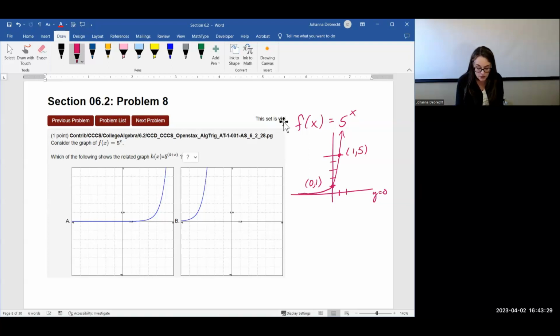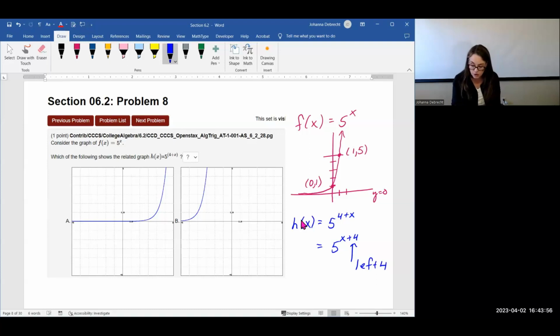They want to know which of the following is the graph of 5 to the 4 plus x. When I write this down, 4 plus x looks a little weird that way. I can rewrite it as 5 to the x plus 4. Remember that this does the opposite, so this actually went left 4. I'm going to push the whole graph left. It's not going to change the horizontal asymptote, but it will change the y-intercept.